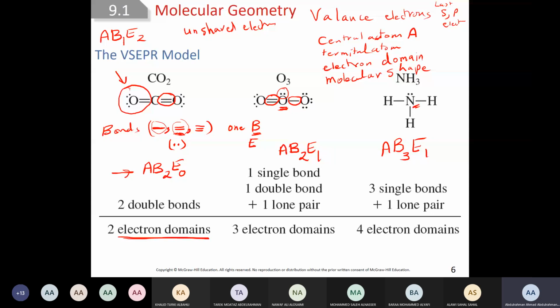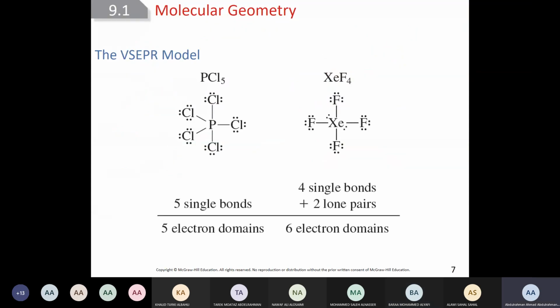Is this clear? Very good. Let's do it one more time. What's the electron domain of this P? AB5, E0. Exactly. Very good.